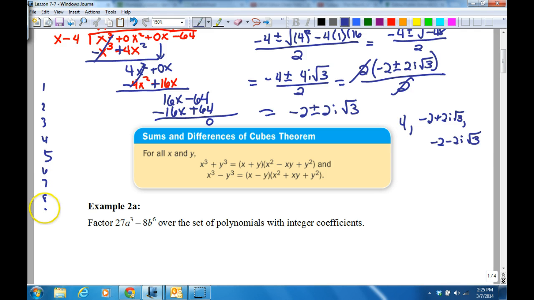Then go to the cube. 1 to the third is 1. 2 to the third is 8. 3 to the third is 27. 4 to the third, 64. 5 to the third, and so on. Find all your cubes so that you'll recognize them while you're doing your homework. You can find your perfect cubes.